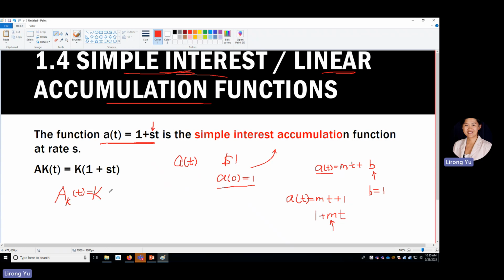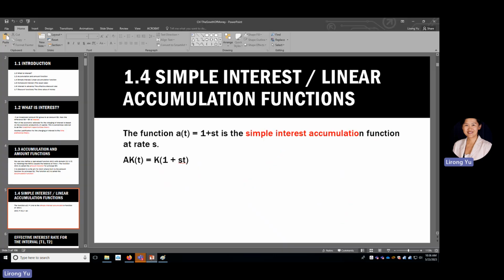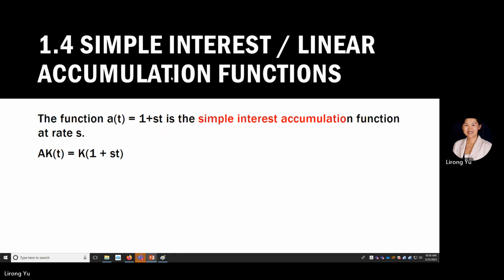So k times a of t. Remember, lowercase a of t is how much money grows if you only get $1. Now, if you get $k, then k has to multiply a of t. Now, if a of t is 1 plus st, that's k times 1 plus st. This explains simple interest and the linear accumulation function, and that's the main part of section 1.4.